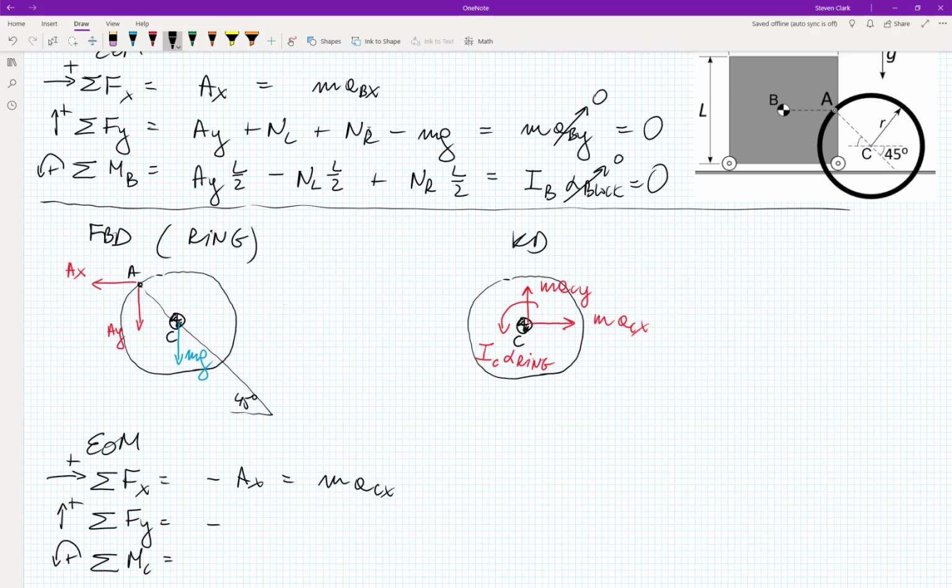In the y direction, we have minus AY minus MG, and this is equal to MACY. And I think that this reaction force rotates our body, so we will have moment coming from AX and this distance.